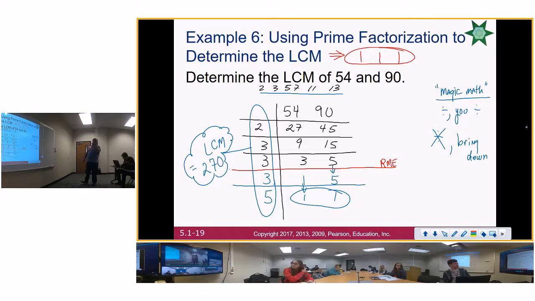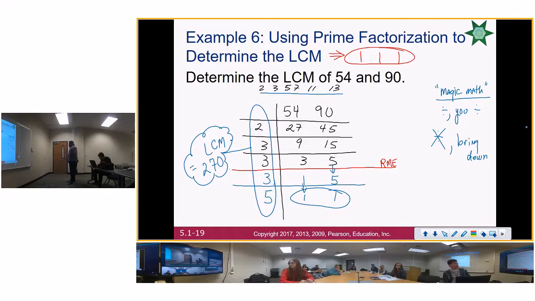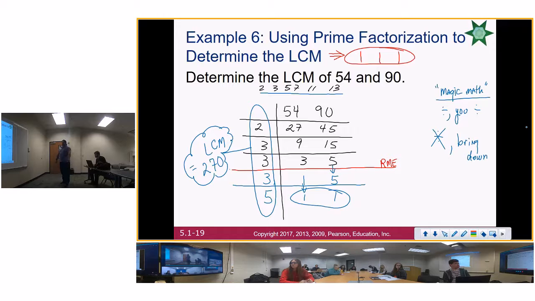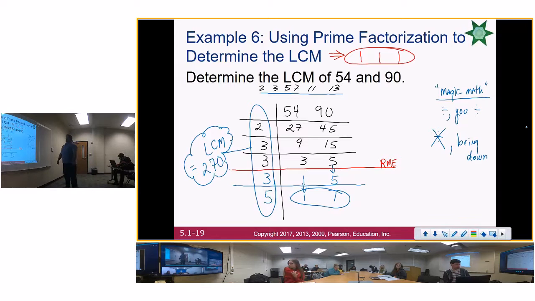Because I see people not writing. I don't know what you're doing on your laptops, but just make sure you know how to do this, because if you don't know how to do this, you're not going to know how to do 5.3 when I give you 4 or 5 fractions to add up, and you've got to find a common denominator. And some people just multiply them all together. That's not it.